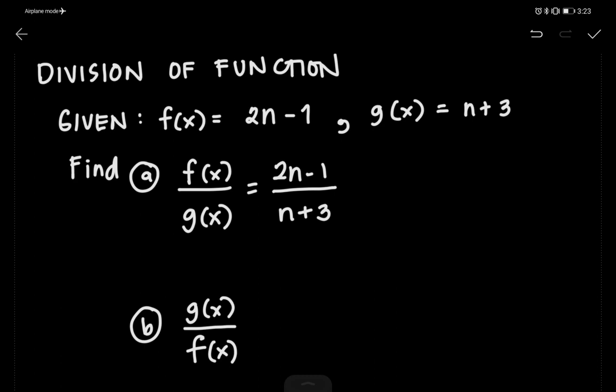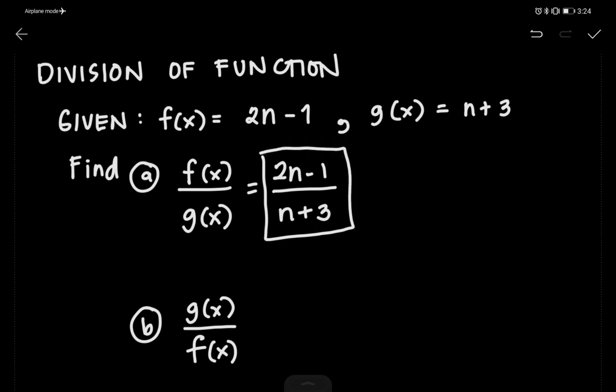After that, you have to factor first or simplify to simplest form our numerator and our denominator. Since 2n minus 1 and n plus 3 are in simplest form, there's no need to simplify. So we can say that 2n minus 1 over n plus 3 is our final answer.